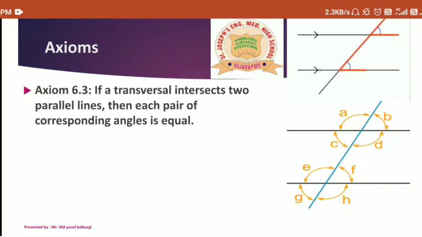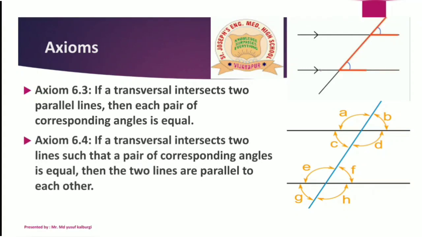Okay, now let's move to the next axiom, that is axiom 6.4. What does it say? If a transversal intersects two lines such that a pair of corresponding angles is equal, then the two lines are parallel. You can say it is the reciprocal of 6.3. We have studied that if a transversal intersects two parallel lines, then each pair of corresponding angles is equal.